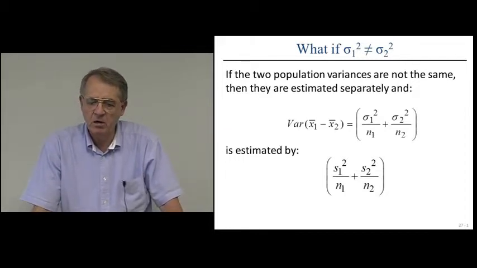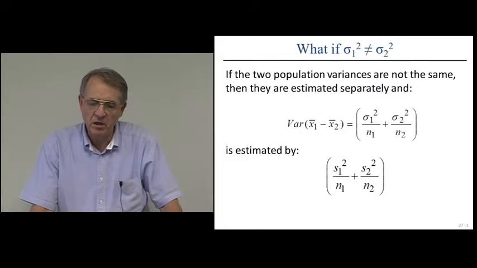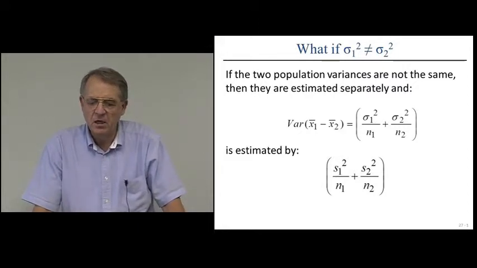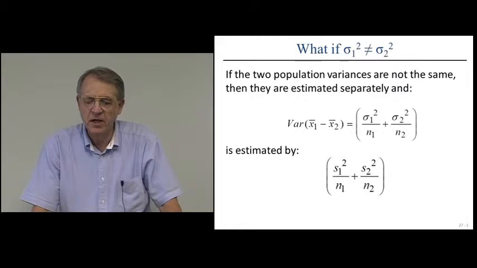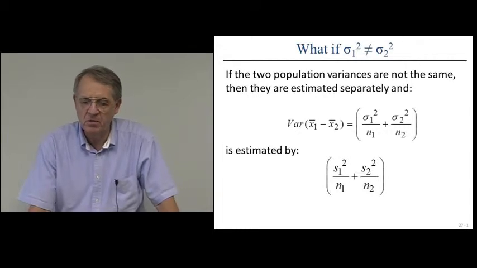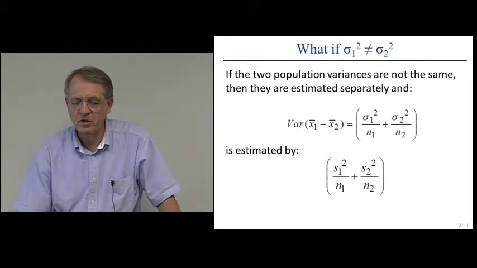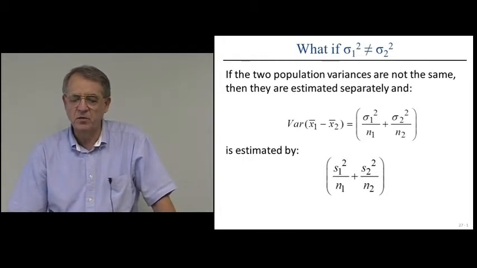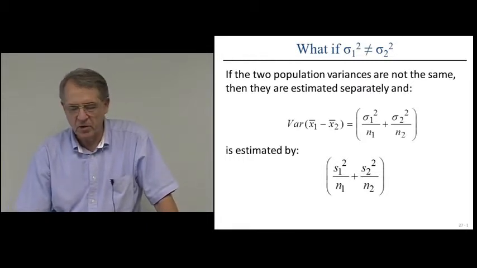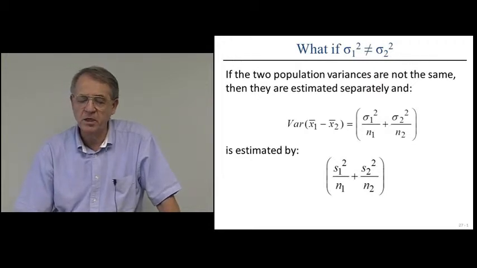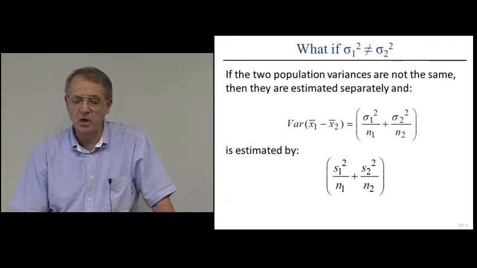You may recall from the discussions we had earlier that the variance of x1 bar minus x2 bar, as shown on the slide here, is equal to the sum of the variances for x1 bar and x2 bar. So that variance is sigma 1 squared divided by n1 plus sigma 2 squared divided by n2.